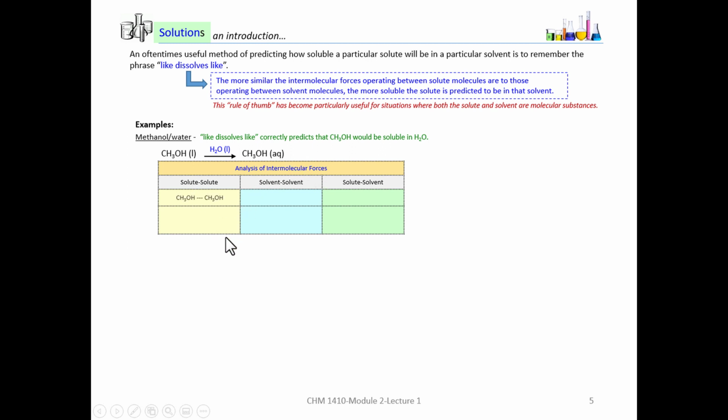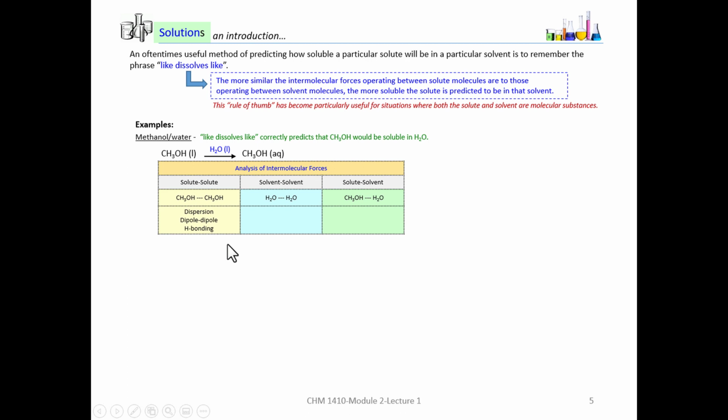What we have here is a methanol solute, and these little dashed lines between two formula units of methanol are supposed to represent the intermolecular forces in methanol. And we'd also have the intermolecular forces between the solvent molecules, water, and then intermolecular forces between methanol and water if they dissolved in each other.